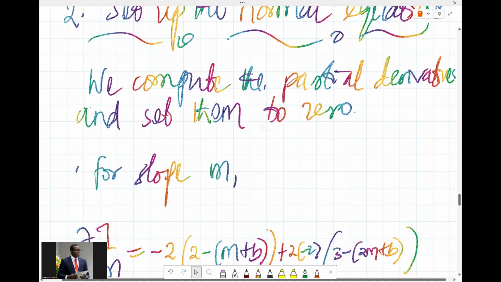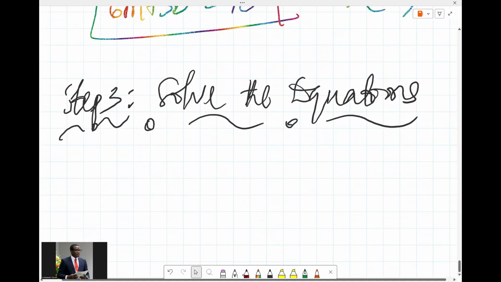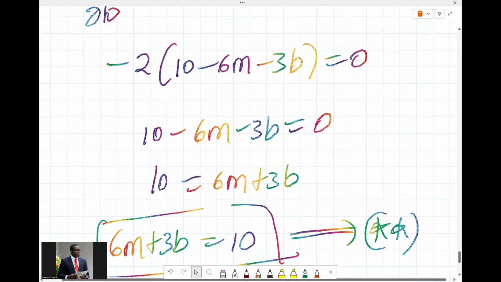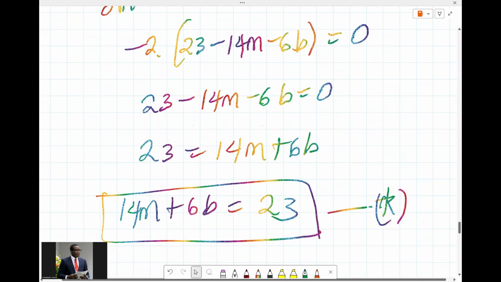Okay. I've not been writing the step for the rest, right? All right, so we have two equations basically, and we need to solve for m and b.